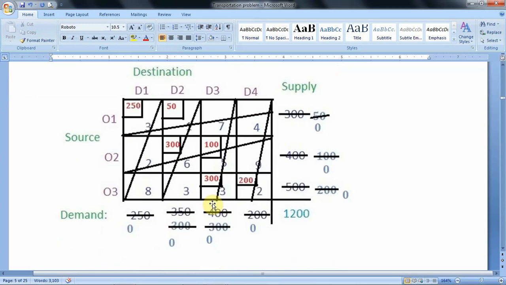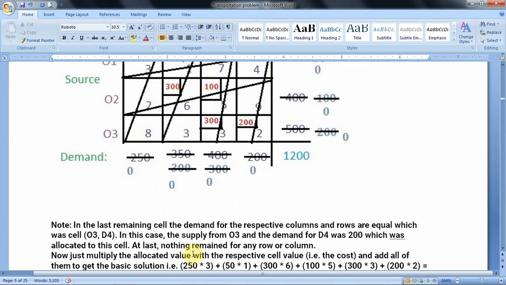So it is totally completed. Compare that one: the total supply and demand values are satisfied, that is 0 0 0 0. Here also 0 0 and this one 0. So completed by the northwest corner method.